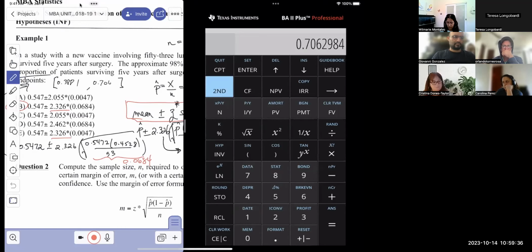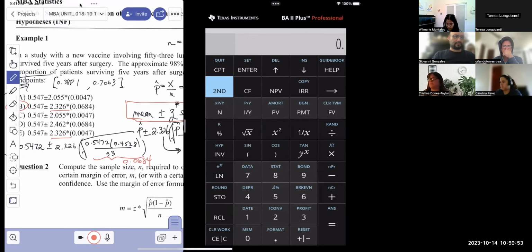I feel like I did something wrong. Okay, let me do that again. So 2.326 times 0.0684 is 0.1590984. And I stored it in 1.